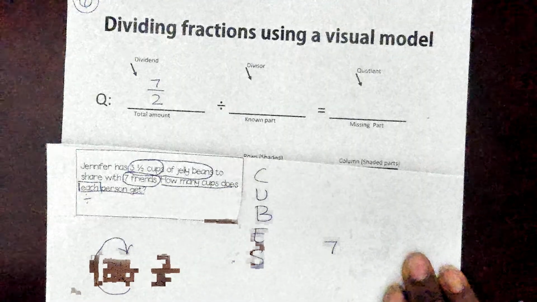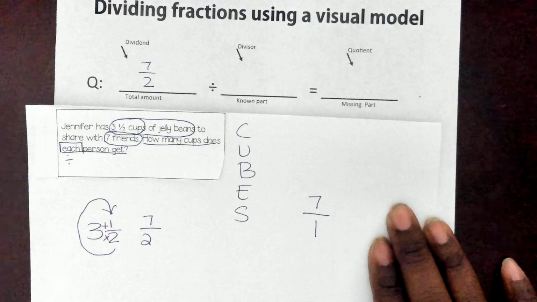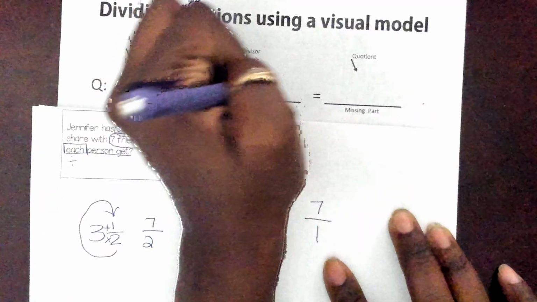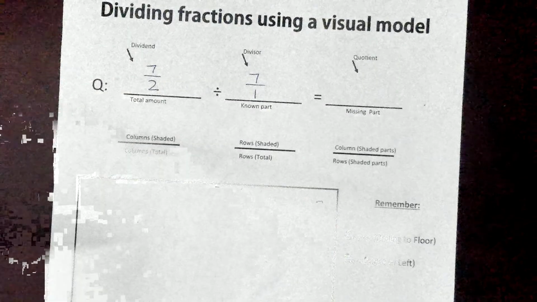And we are going to share them out among 7 friends. And we know that every number has a fraction, and if we don't see the fraction, then we know it's always over 1. So 7 over 1 is the amount of friends that she is sharing it with. Alright, so now we're going to use our model again. We're going to color code it.